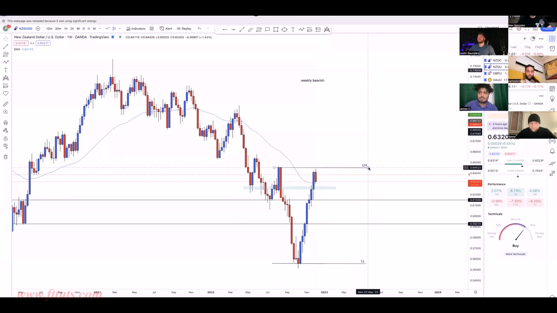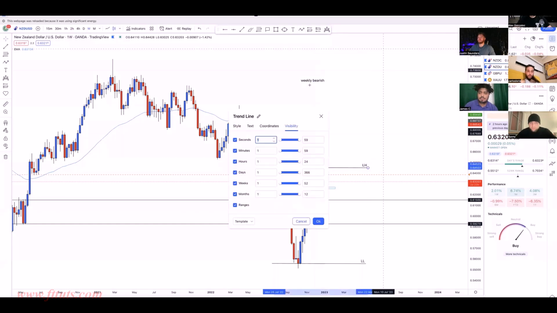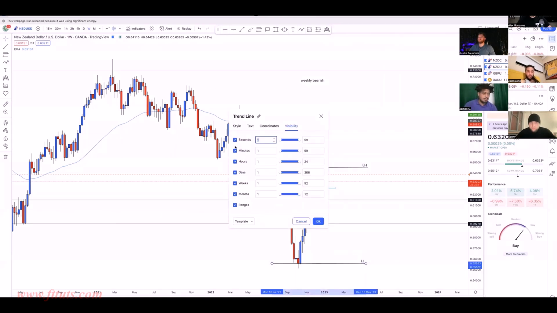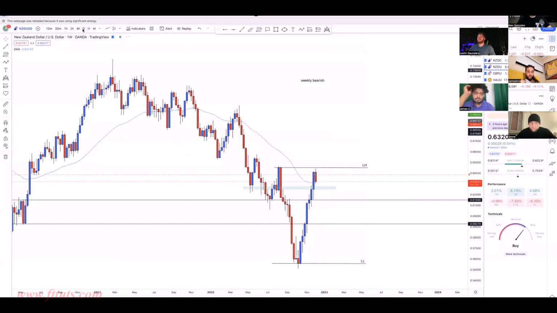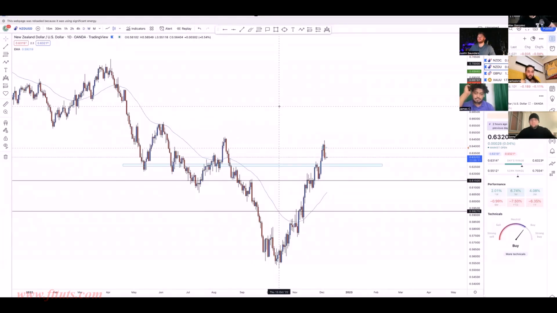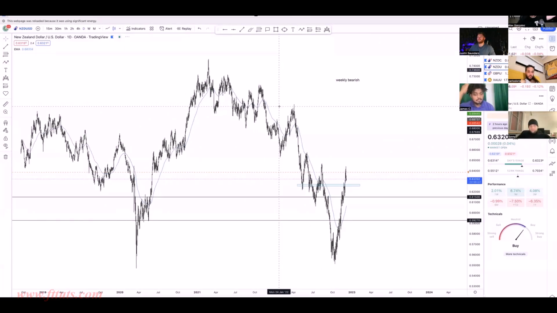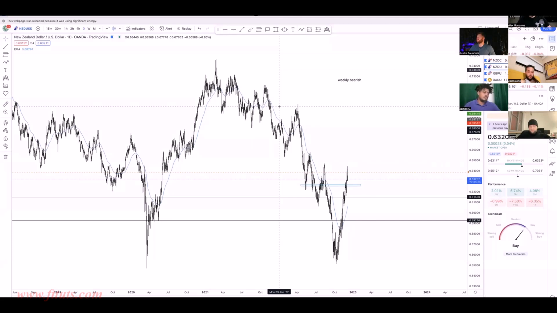All right, lit. So what we're going to do is make this visible only on the weekly. So we go down to the daily time frame. And are we bullish or bearish on the daily? All right, there you go.